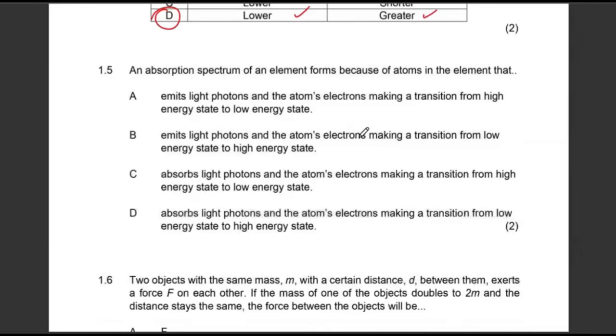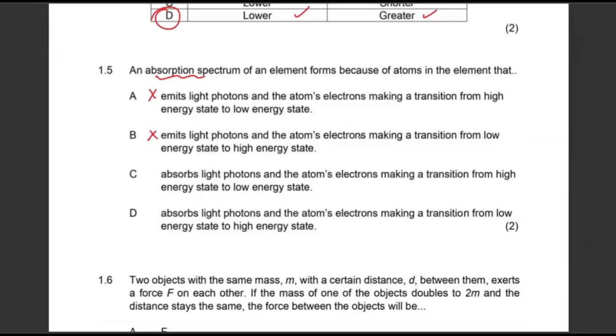Then 1.5, an absorption spectrum of an element forms because of atoms in the element that will absorb, because this is an absorption spectrum. So there is no absorption spectrum that emits. So A is out, B is out.